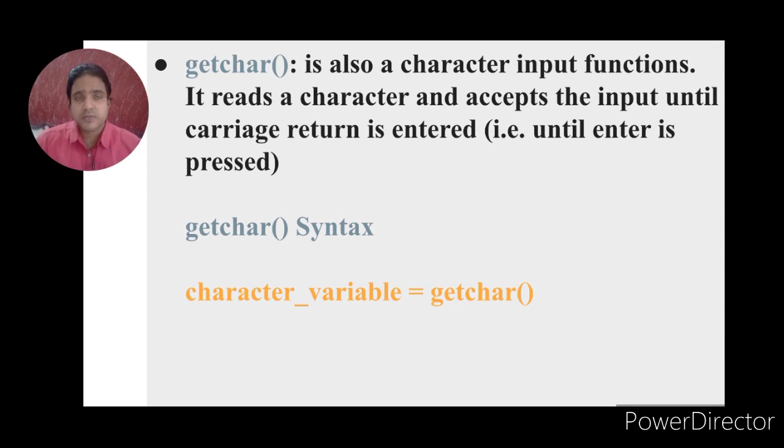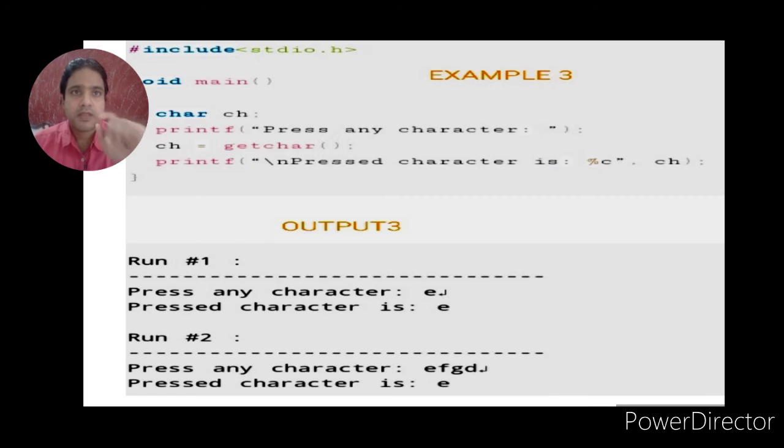getchar is also a part of the unformatted input functions. It also returns the character value to a character type variable, but it will keep executing until the enter key is pressed. If the enter key is pressed, then it will stop. Here the example is ch = getchar(), and printf the pressed character is ch.